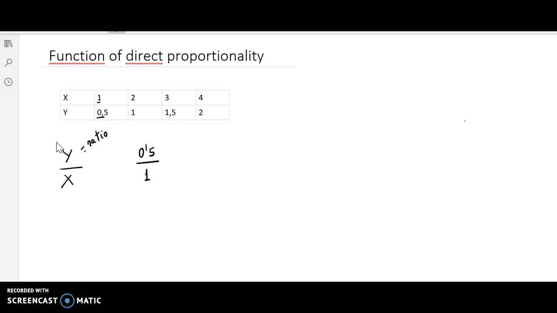This is the first ratio. This ratio has to be equal to the second ratio, 1 over 2. And this should be equal to the third ratio, 1.5 over 3, equals 2 over 4.